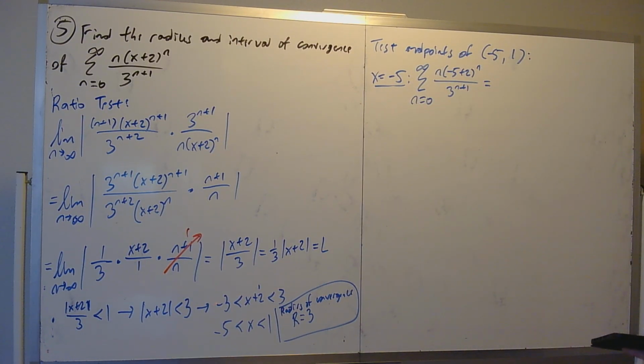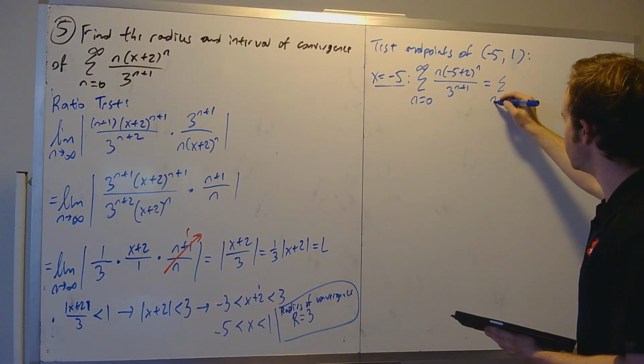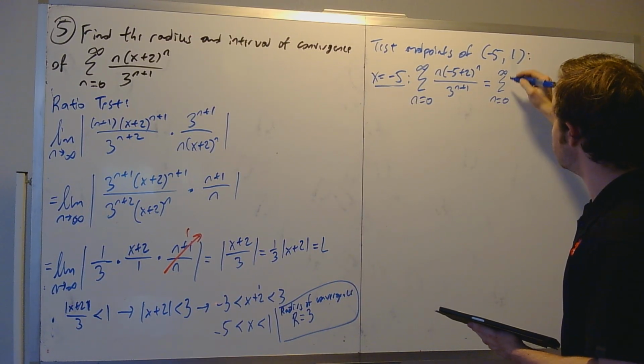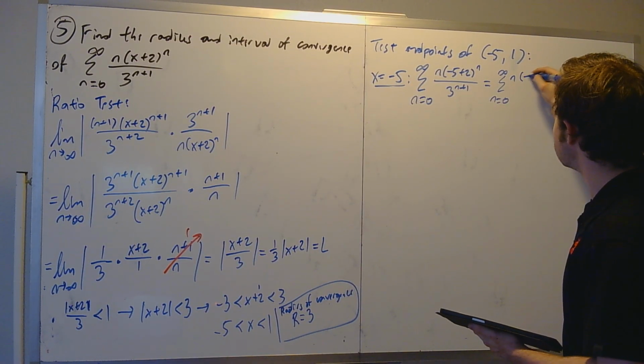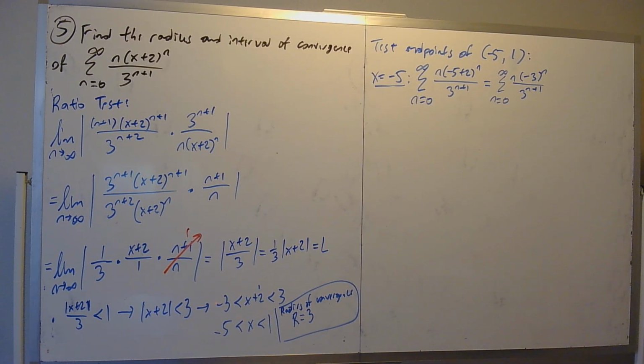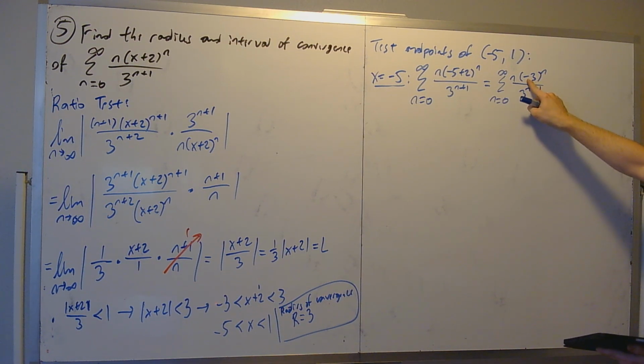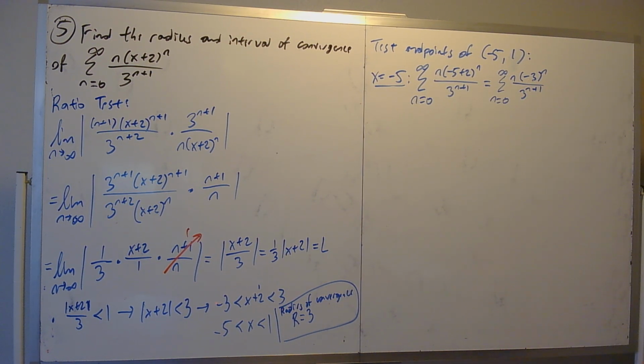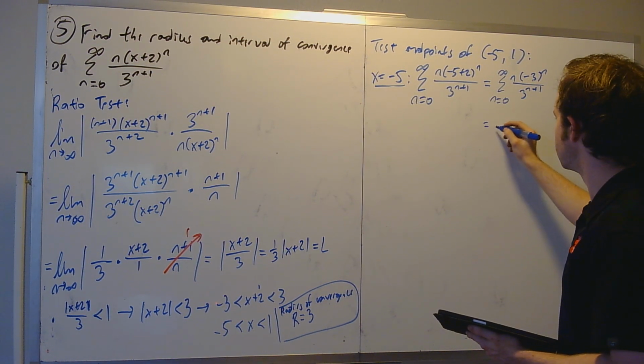If we compute this, it's the same thing as the sum from n equals 0 to infinity of n times (negative 3) to the n over 3 to the n plus 1. And notice we can break this up as negative 1 to the n times 3 to the n.